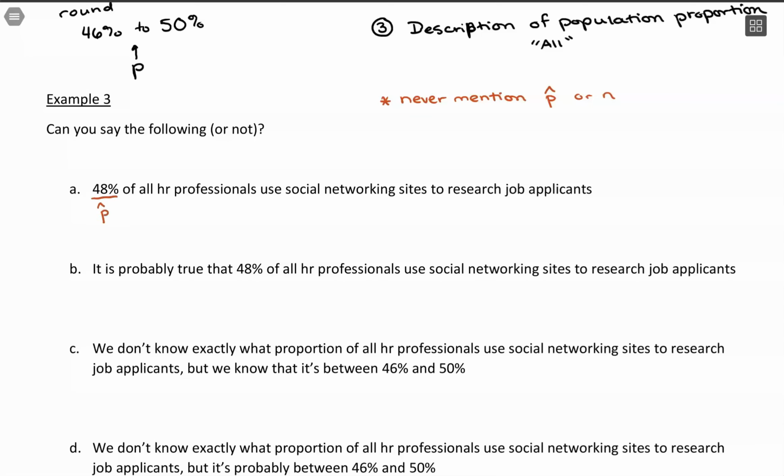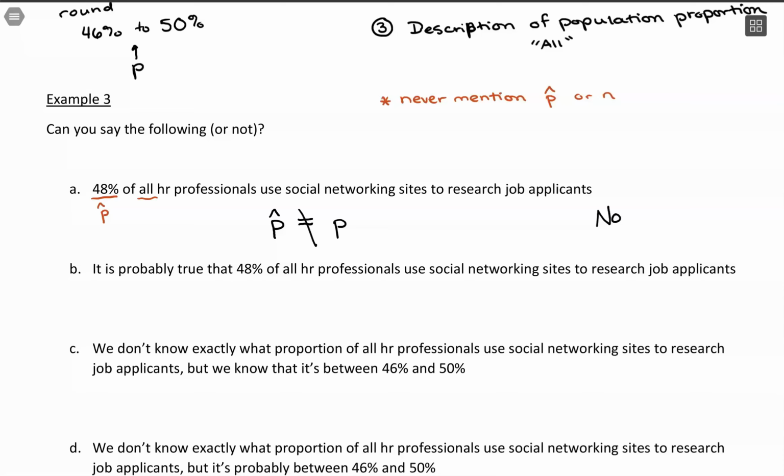That came from the 2,500, and they're trying to say that's true for all HR professionals. So they're basically saying the sample proportion equals the population proportion, which we do not know. You wouldn't know that unless you collected the population data. So that sentence does not work.